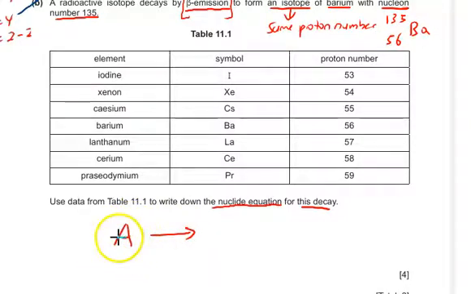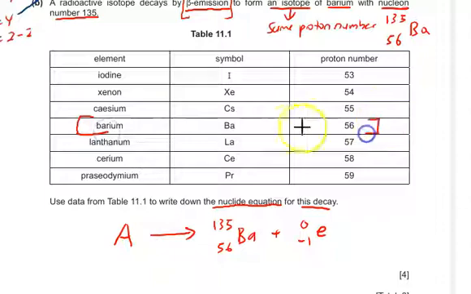You will have 135, 56 barium, and it will release a beta emission, which is an electron. Even if you did not use a periodic table, they have given the data here. So we need to find the other nuclide.